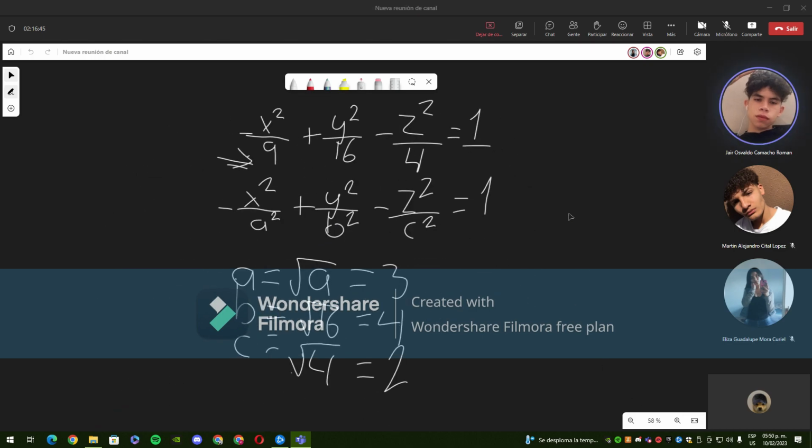Now for the axes, we begin with x. Less x squared over 9, and x squared is less 1, so we use the square root of less 1 multiplied by 9.